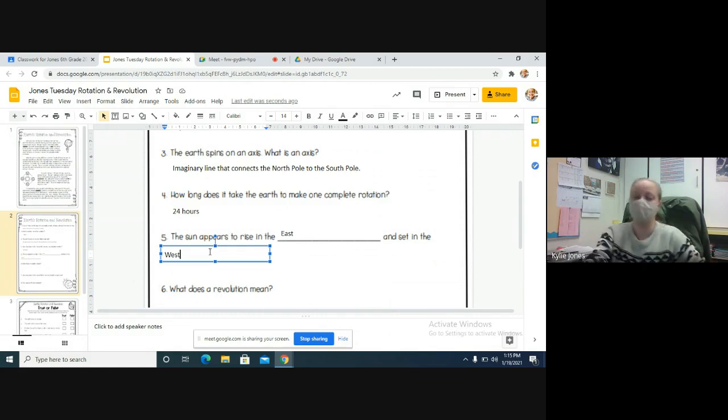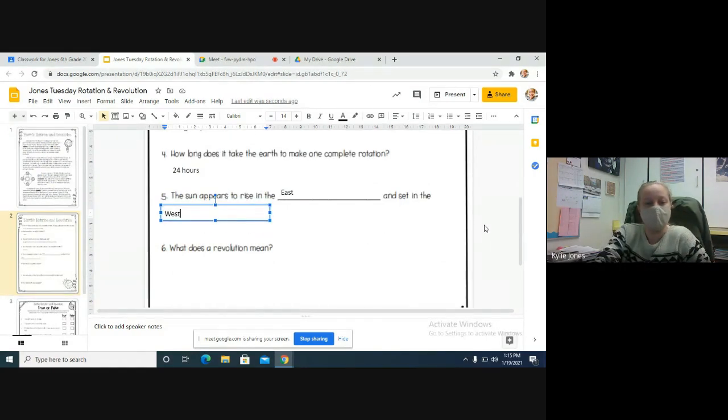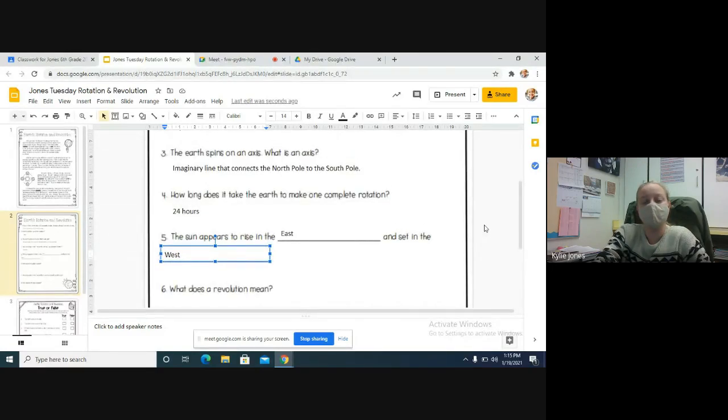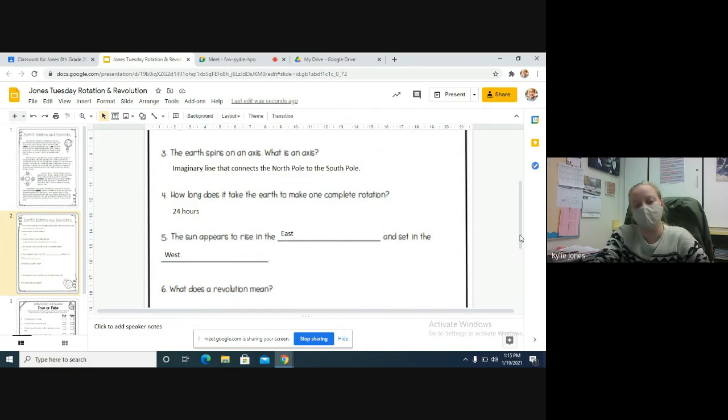Okie dokie. Wait, what does 365 and 1/4 days mean? So 365 days and 1/4 of a day would be 6 hours. Our next one: what does a revolution mean?